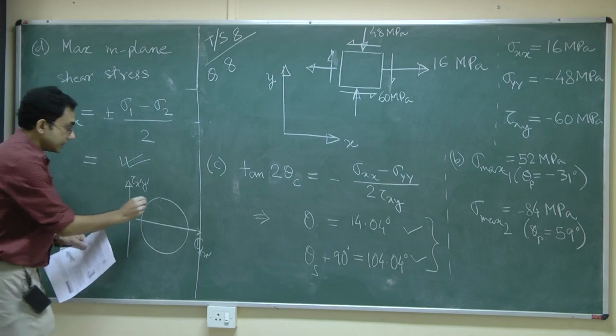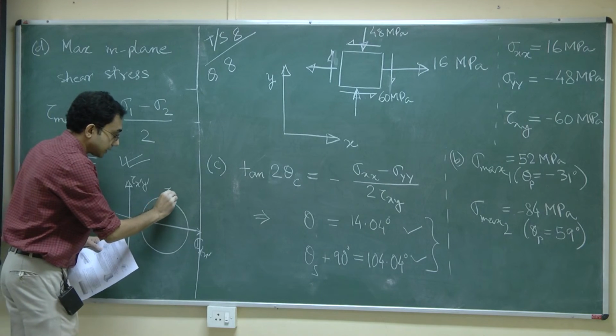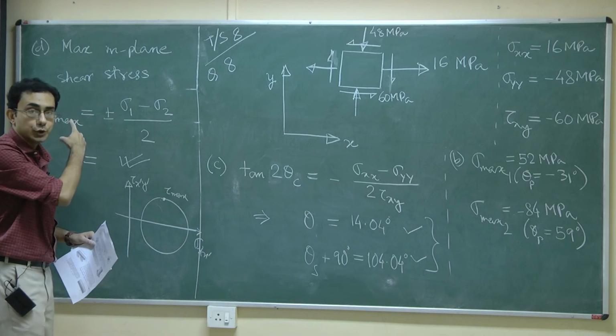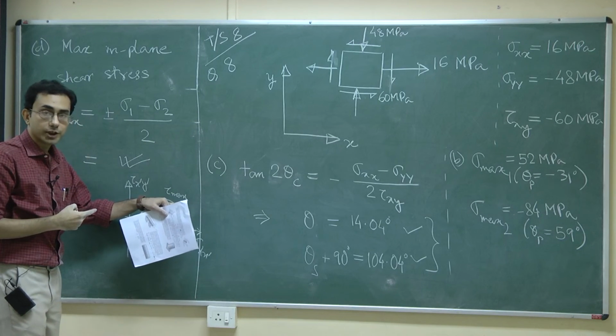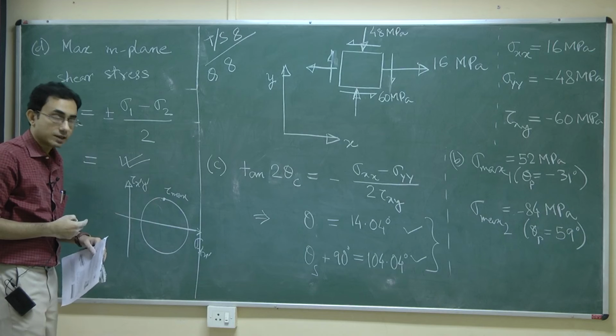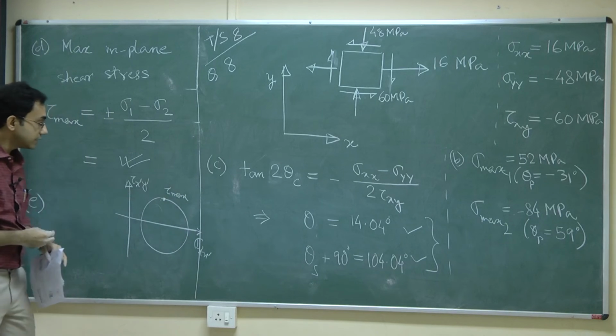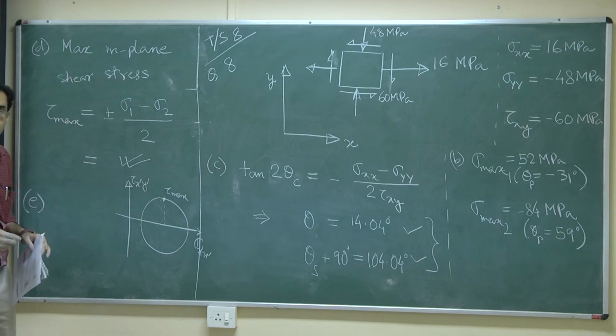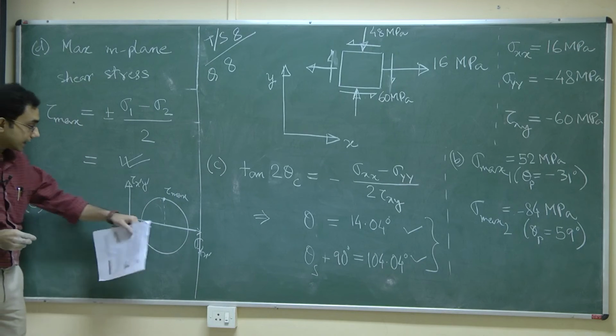You understand that when I have the tau max here, and now in light of our newfound knowledge, I should really be referring to this as the maximum in plane shearing stress. So, when I have this, I have some non-zero value of the normal stresses. So, that is what has been asked here.